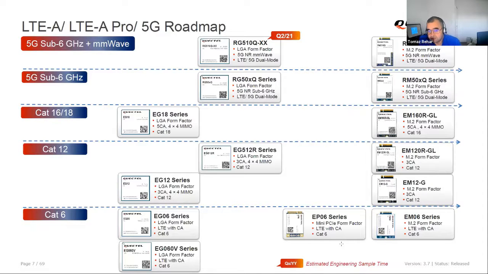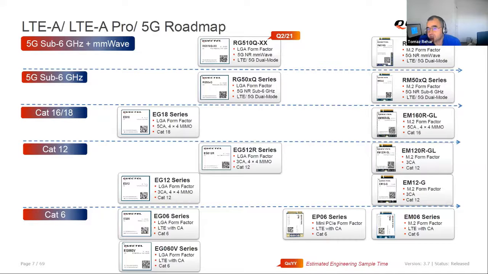LTE is split into LTE modules, from category 1 to 4. Then Cat 6 is LTE-A or LTE Advanced. Then LTE Advanced Pro means modules with category 12 to 20.